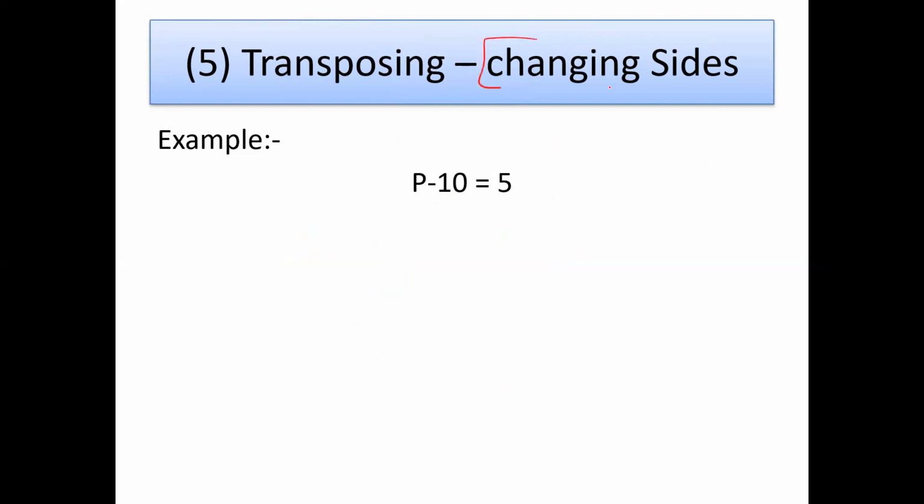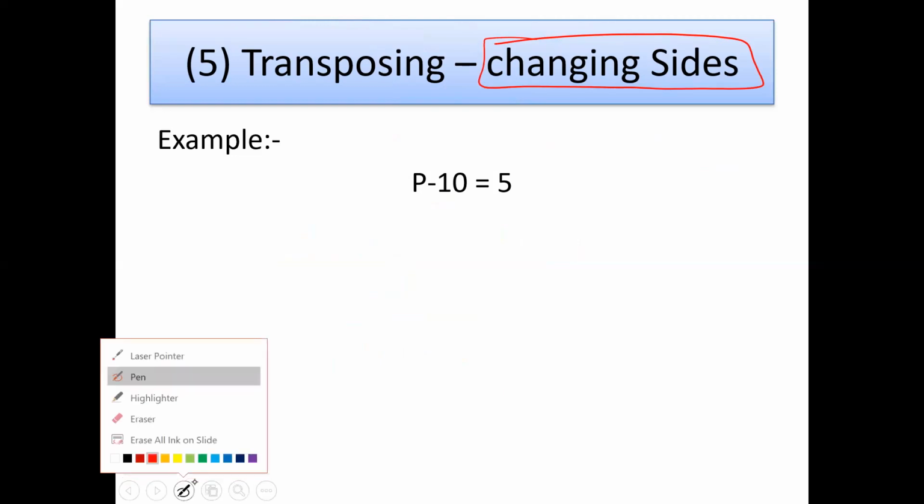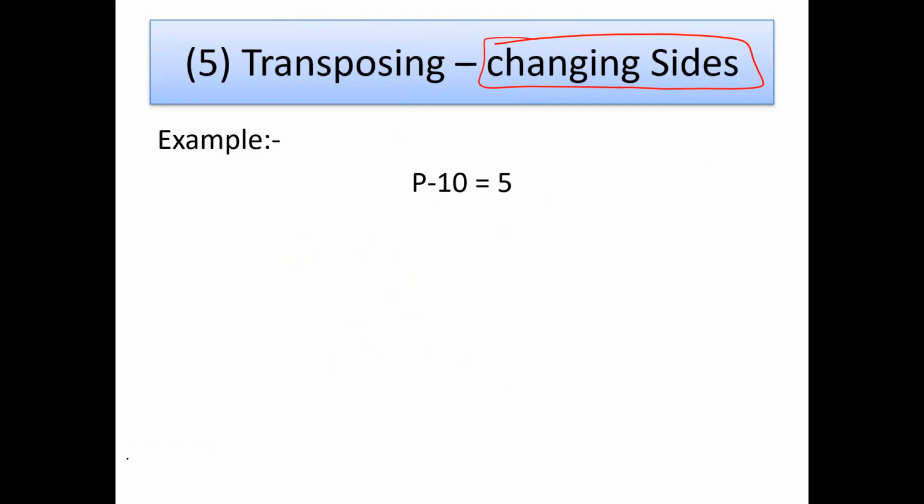I have written that transposing means changing the sides. Now we will see how we change the sides. One basic rule for changing the sides: हमारे पास दो sides होती हैं, right hand side and left hand side, और बीच में we have equal sign, right?